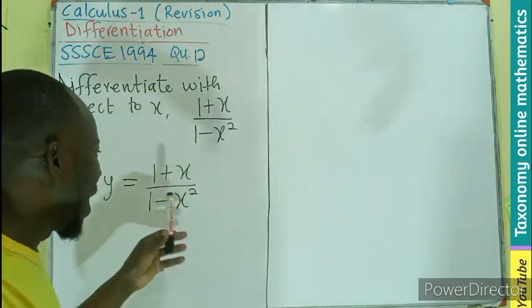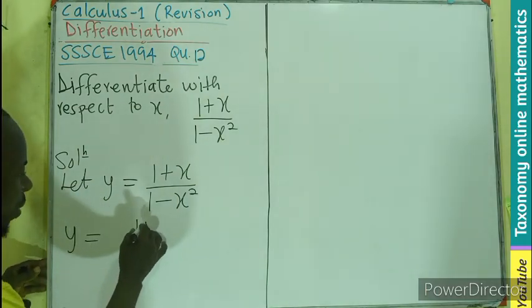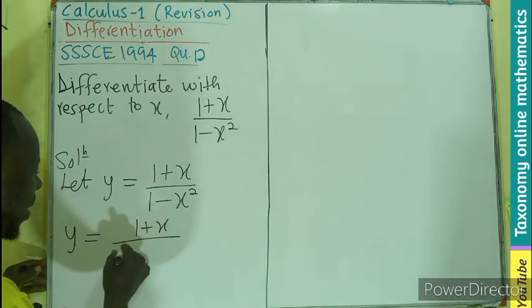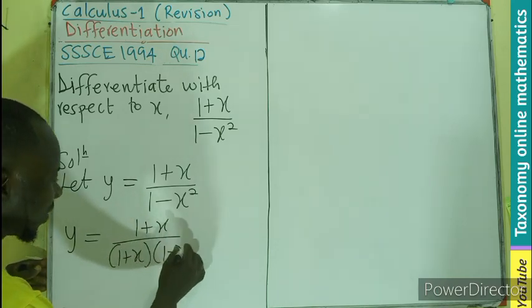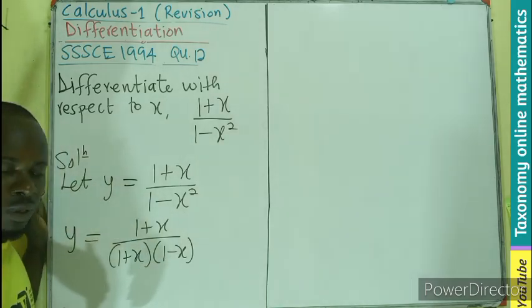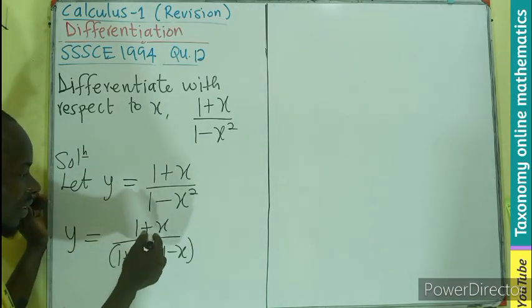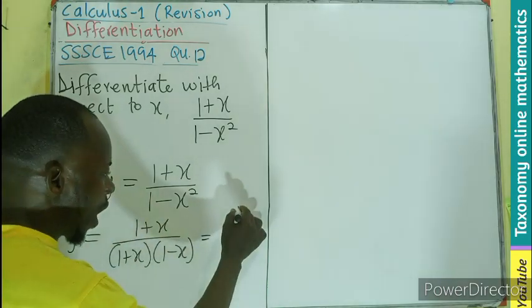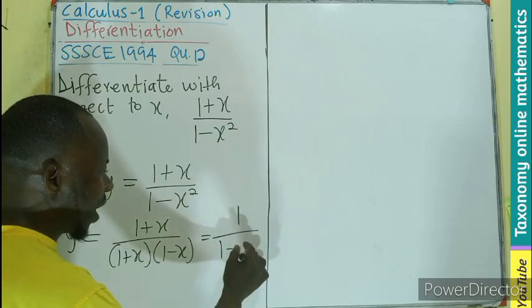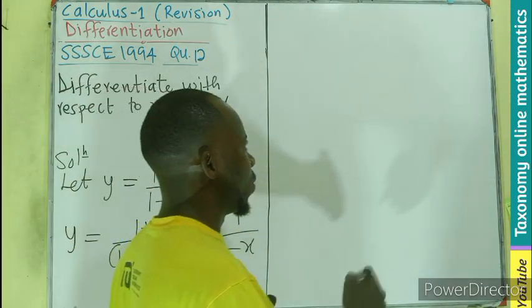So we can restructure the expression for y to be 1 plus x divided by (1 plus x)(1 minus x). 1 is a square, so 1 plus x will cancel, leaving 1 in the numerator and 1 minus x in the denominator.